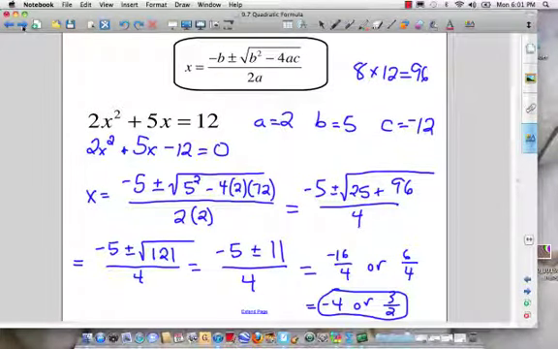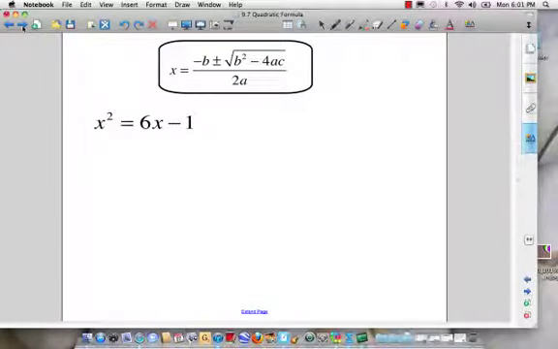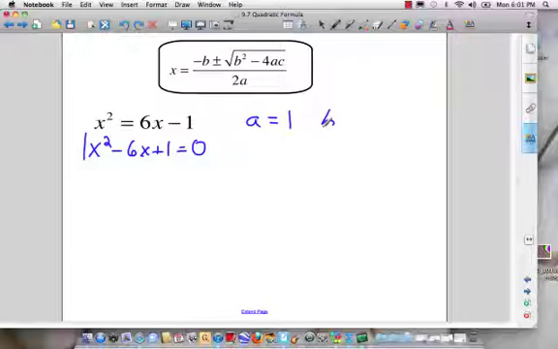The next example will work out somewhat differently, same idea, but again, the first step is to put it in general form. So I'm going to subtract the 6x and add the 1 so that it's equal to 0. A, well, the quadratic coefficient is 1. B, your linear coefficient, is negative 6, and C is 1.